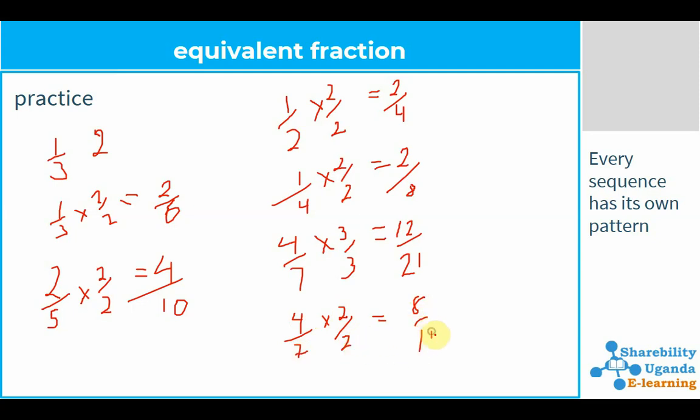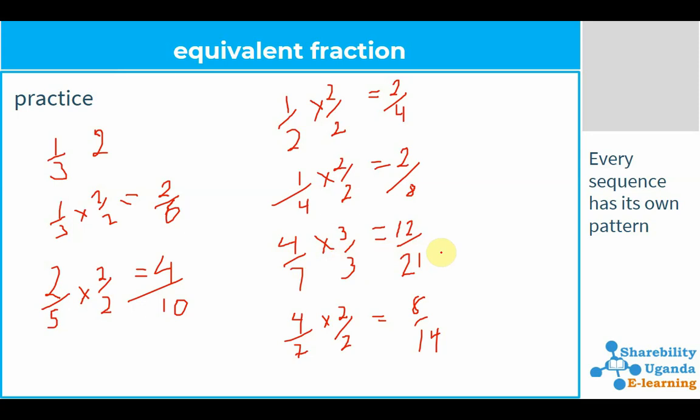Okay, so this means that 8 out of 14 is the same as 12 out of 21, the same as 4 out of 7. So simply this is how we can find our equivalent fraction.